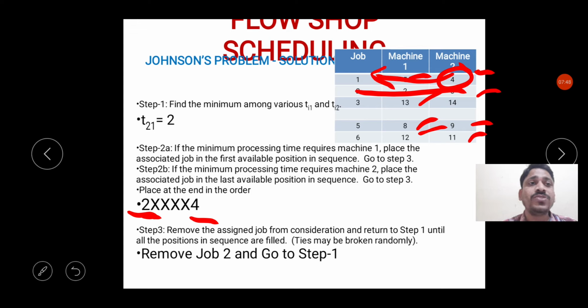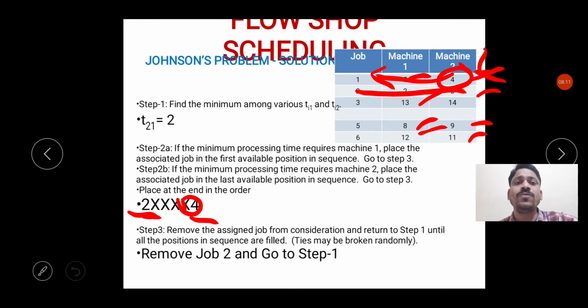The job 1 is to be placed where, from the starting or from the ending? Because it is on machine 2, it is to be placed from the ending, right? So from the last, whatever the available space is there we will place this job 1. So what is the available space here? From the last one means, sorry, this one, right?